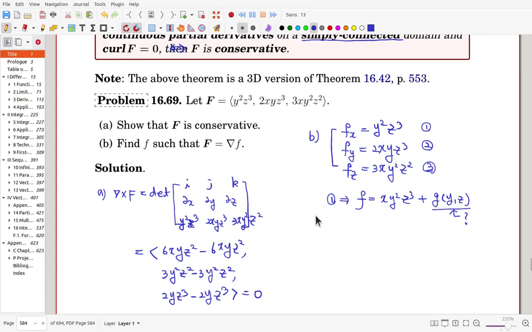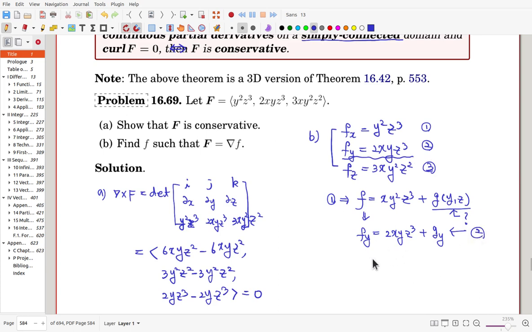Now your job is to decide that one, right? That's the question. To get this one, from here we now take the y derivative. Then this is 2xyz cubed plus g sub y. Now to decide this, f sub y from here must match this second equation.